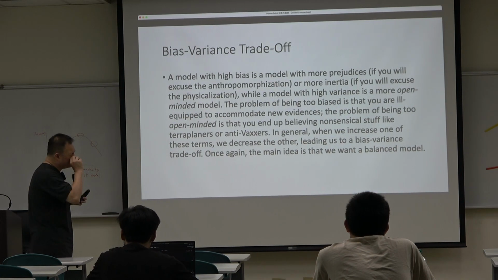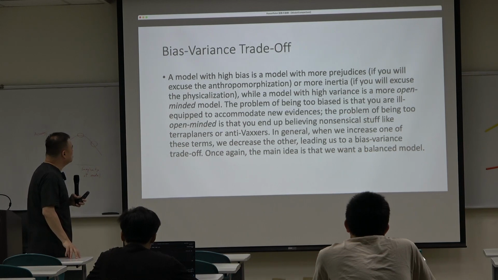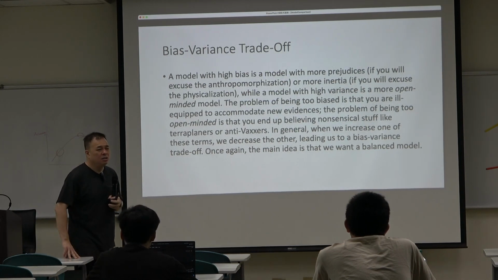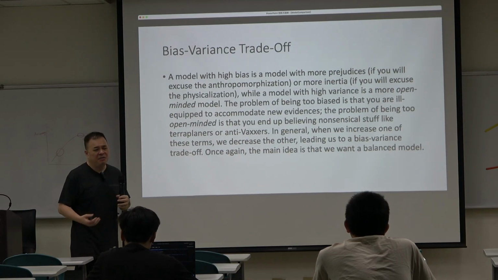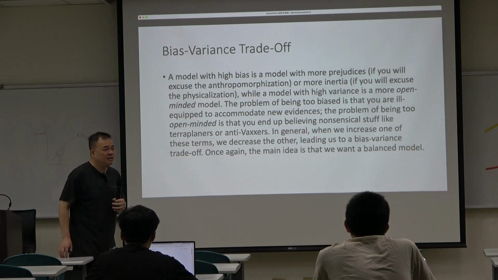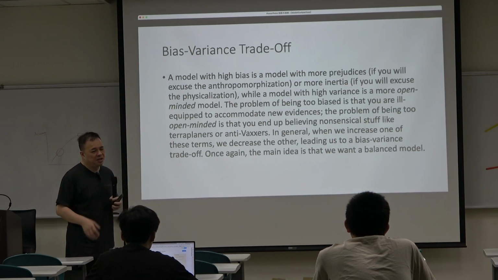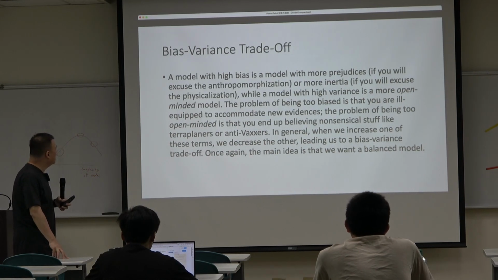This is anthropomorphization, 拟人化, just like treating the model as a person, because prejudice is used for people. If you have prejudice, this means your opinion is not correct, something like that.